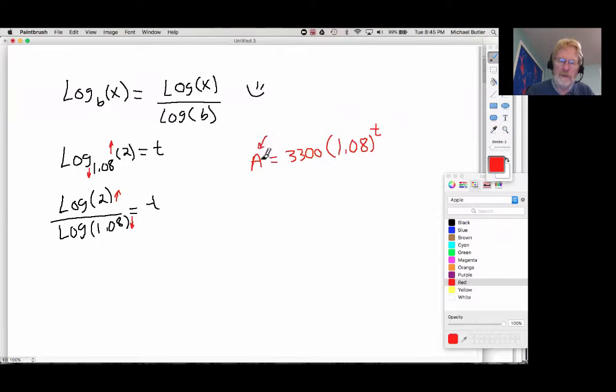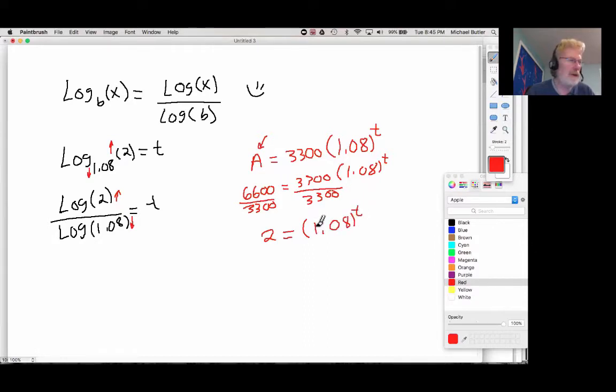And I know that this amount right here is double, then that's going to be 6,600, isn't it? Right. Okay, so divide both sides by 3,300. And that's going to be back what? Is this looking familiar? Yeah. Is this looking like part A? That's kind of what they want you to see, okay? I'm going to let you take it from there, all right?